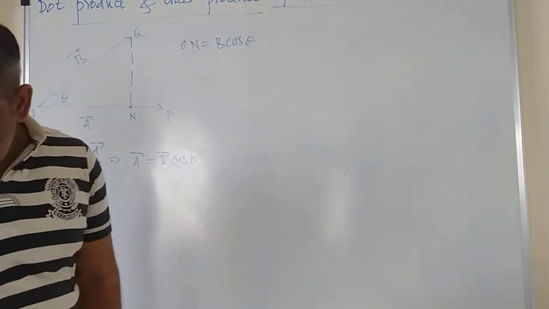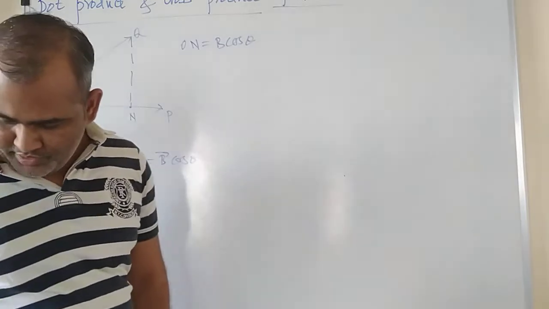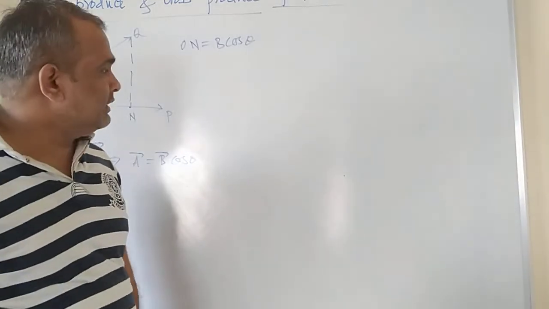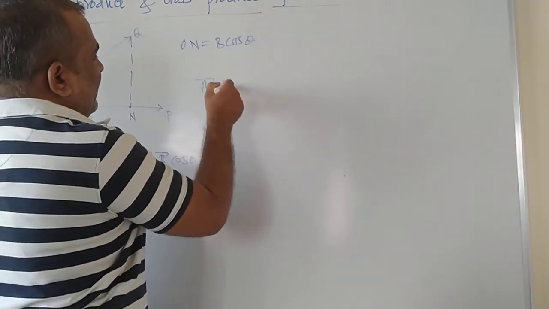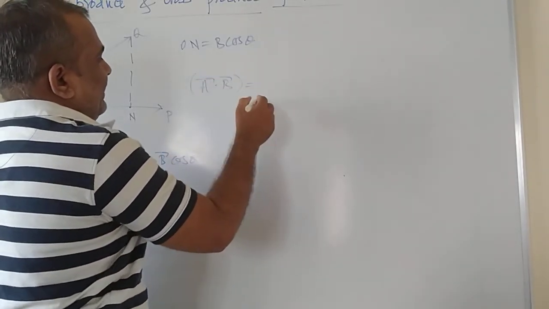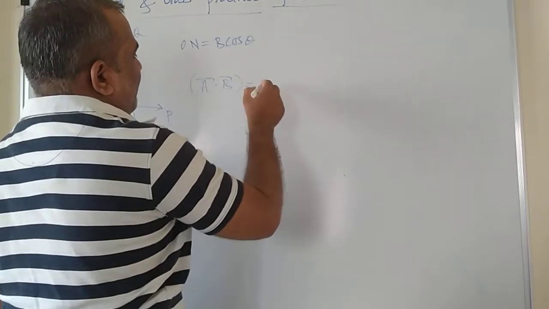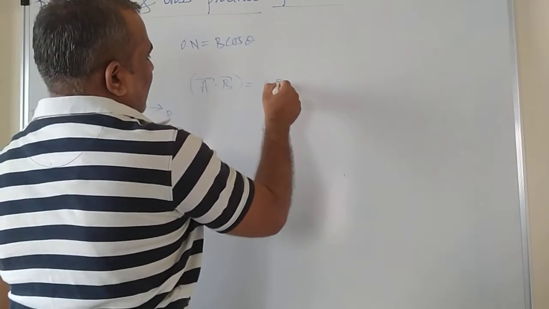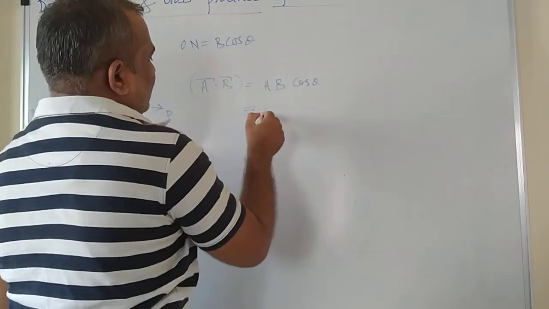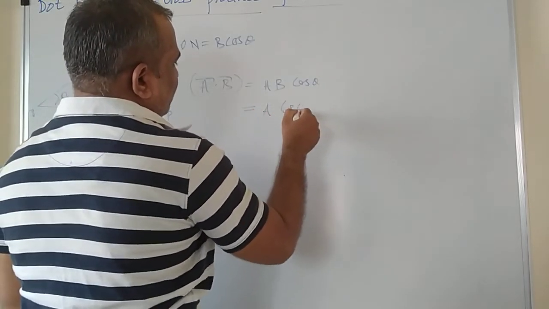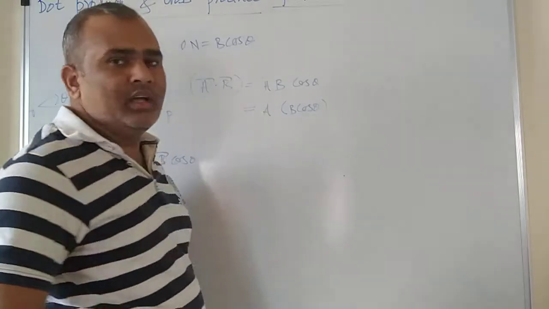Got it? So this is equal to B cos theta. And what is the dot product of these two vectors? A bar dot B bar is equal to the product of magnitudes of A bar and B bar, that means the scalars, AB cos theta. This AB cos theta I can write as A into B cos theta.